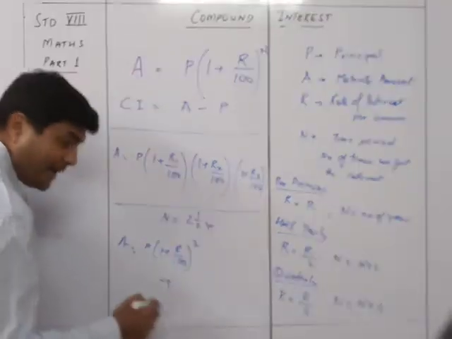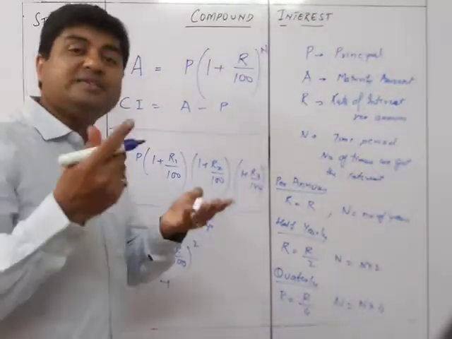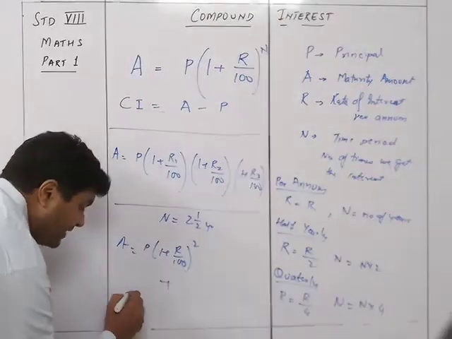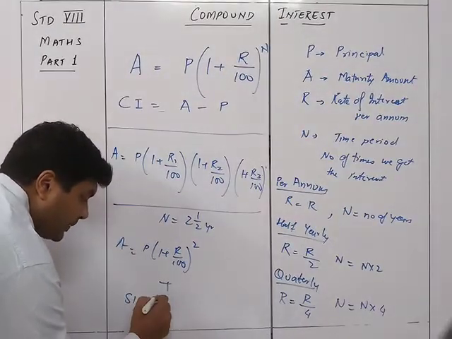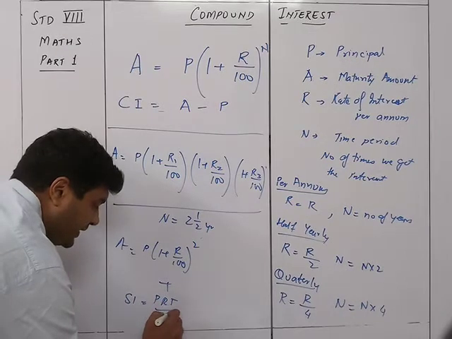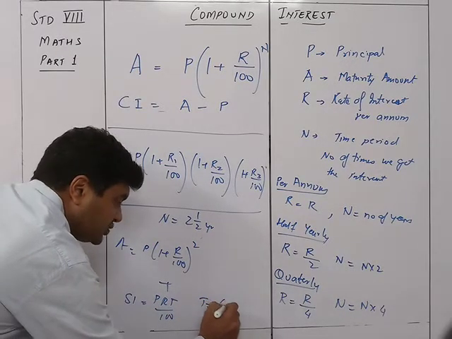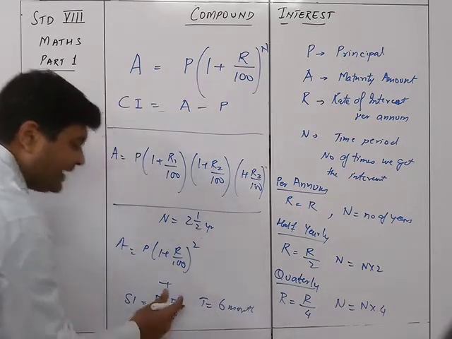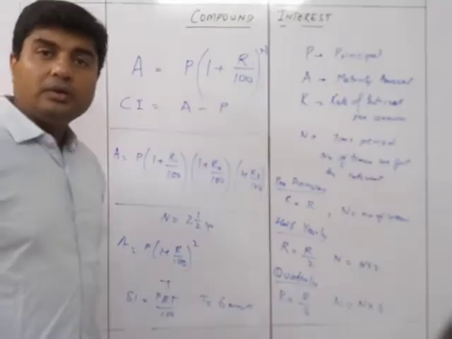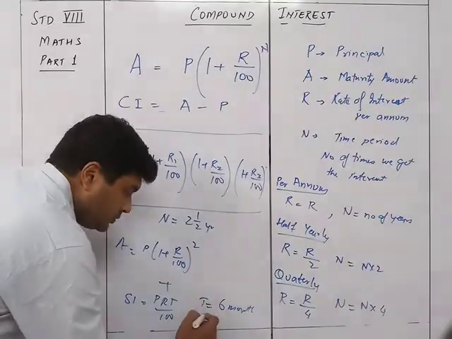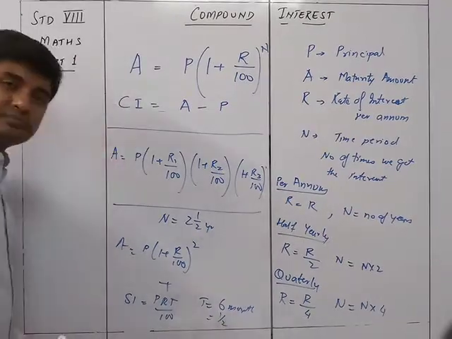Then I am going to use the formula of simple interest, wherein SI will be equal to PRT upon 100, where T will be equal to 6 months. That is half year. So T will be equal to 1 upon 2.